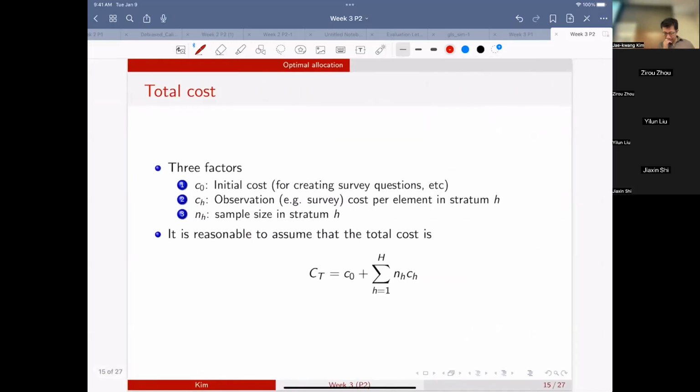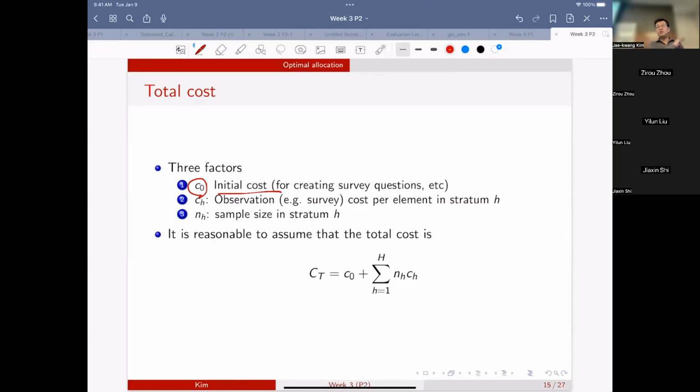Okay. So how do we construct the cost function? Think about designing a survey using simple stratified random sampling. When you design a survey, you first create the questions, the questionnaires, and maybe do some testing before you do the real survey. And also you may want to store the file. So this initial cost has nothing to do with the sample size.